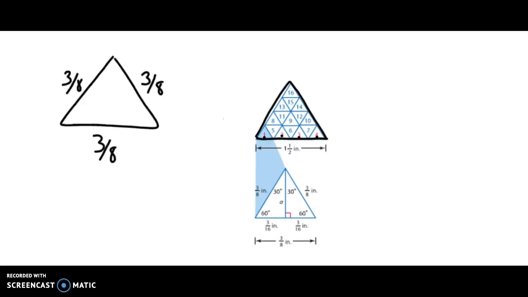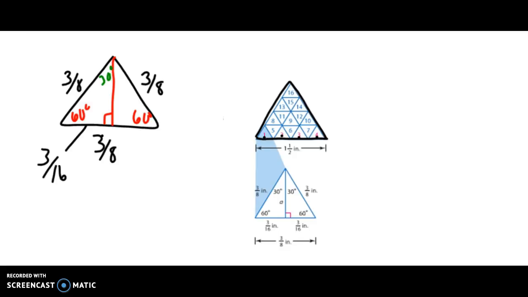Now since it's an equilateral triangle, it means that all 3 angles are 60 degrees, and we can create an altitude right here that cuts it so that we have a 30-degree angle here. So how tall are those going to be? So the way we find that is we say, okay, well, if each one of these sides right here is half of 3/8, it makes this being 3/16.